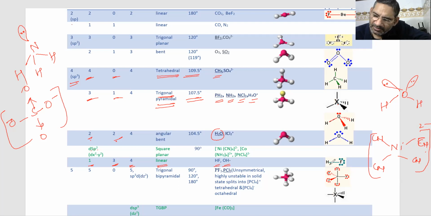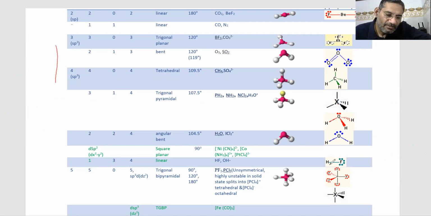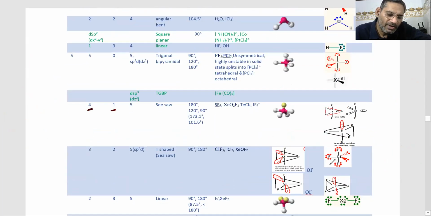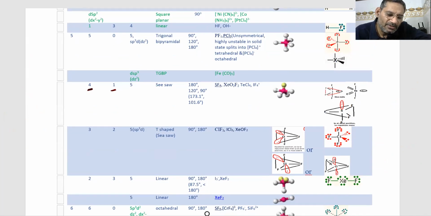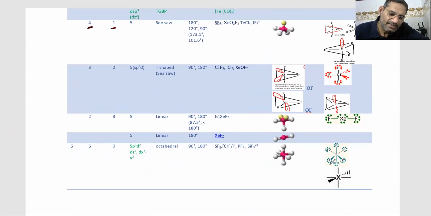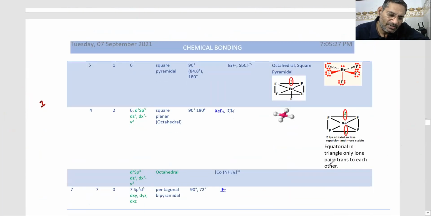Now see 5. 5 means 5 plus 0. 5 is already discussed here. Examples are new only, rest everything is done. So 5 is done. Then 6 is also done. 7 is also discussed.